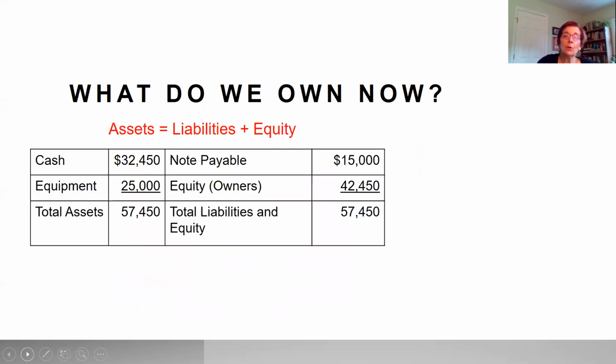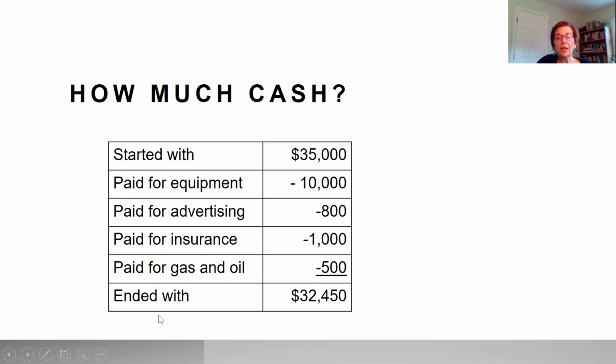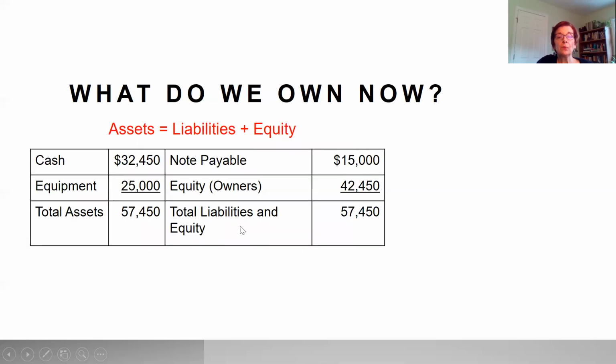Okay, what do we own now? All right, so we have cash of $32,450. Just figured that out here, right? Cash $32,450. We also have equipment that we just bought, right? The equipment cost us $25,000. And we add them up and we get our total assets of $57,450. Now, how much of that belongs to the owners, right?